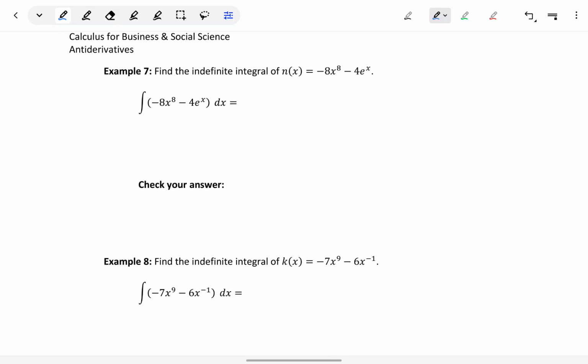Similarly, in example 7, we can integrate term by term and set aside any coefficients.